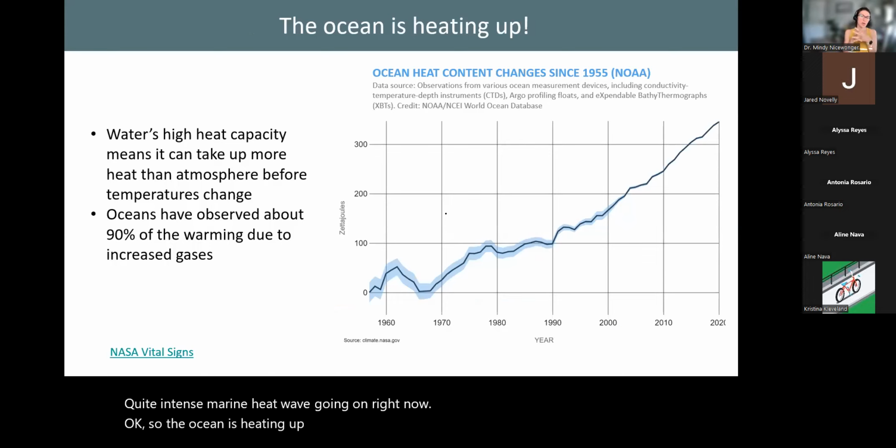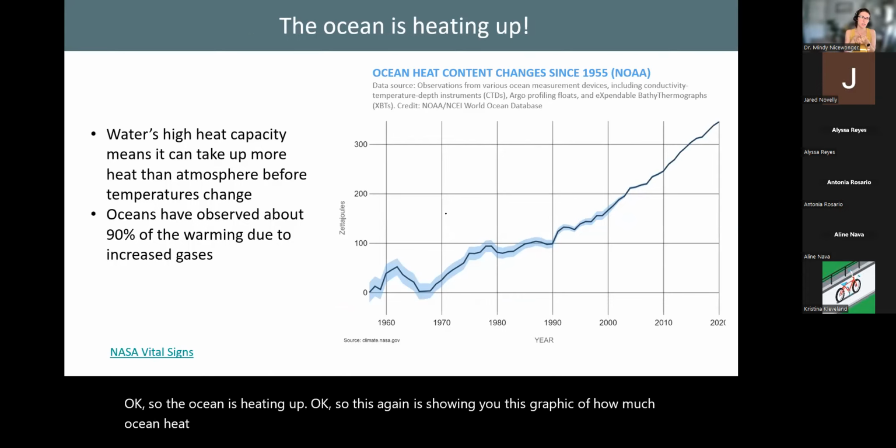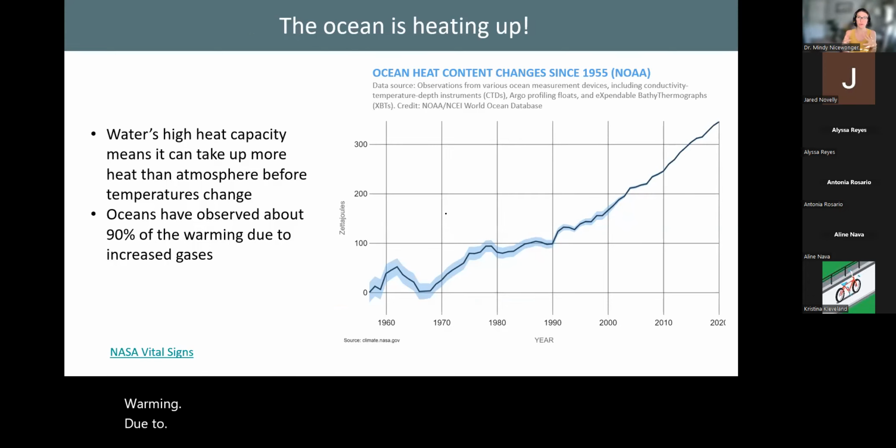So this again is showing you this graphic of how much ocean heat content change. The oceans have absorbed about 90% of the total warming due to climate change or global warming.